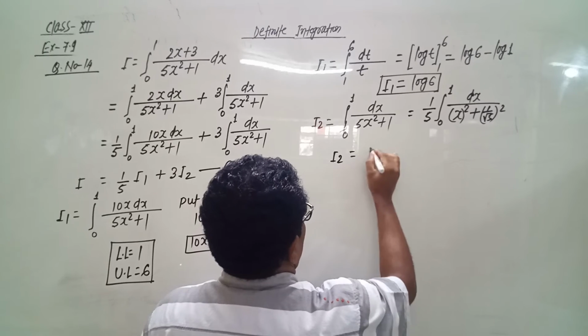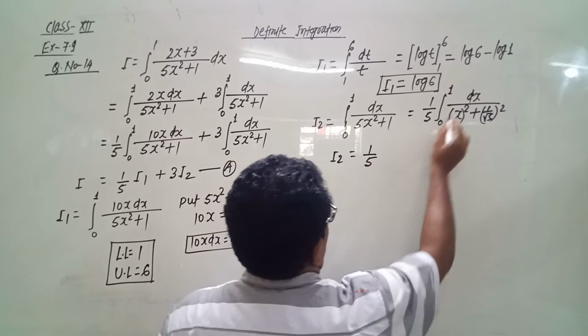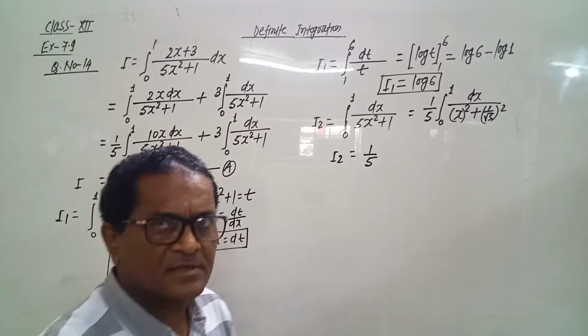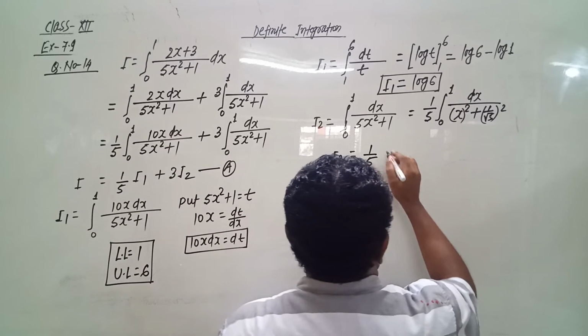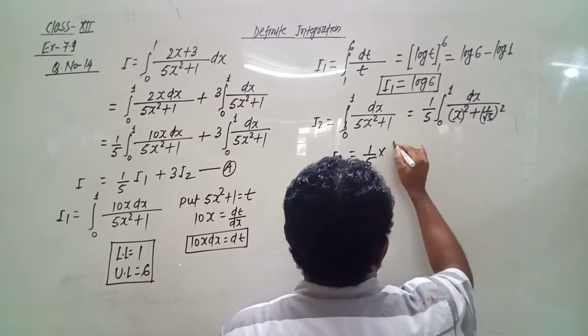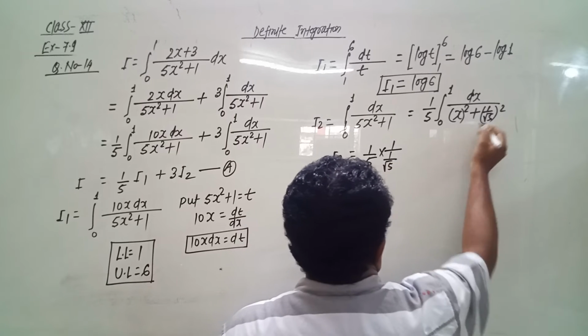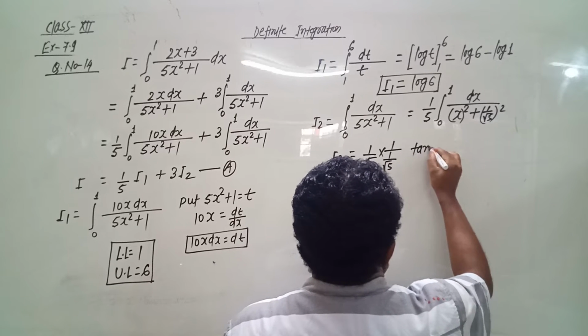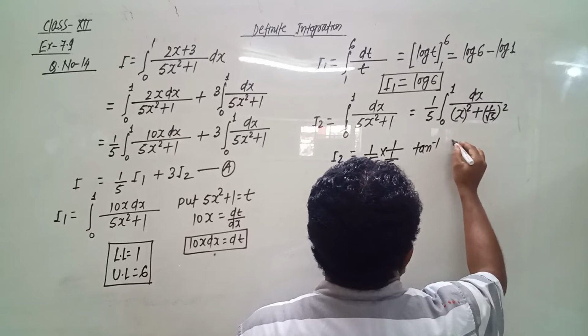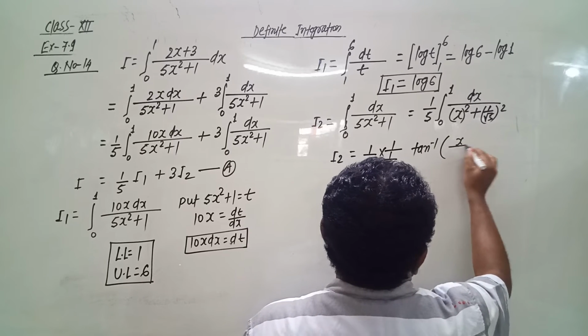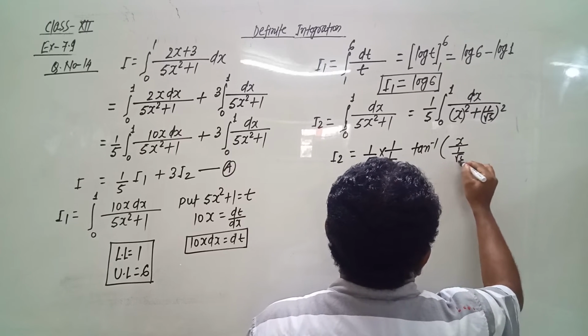So I2 equals 1 by 5 integration of dx upon x square plus a square. The formula is 1 by a, so 1 by root 5. The value of a is 1 by root 5, and tan inverse x by a, so x by 1 by root 5.